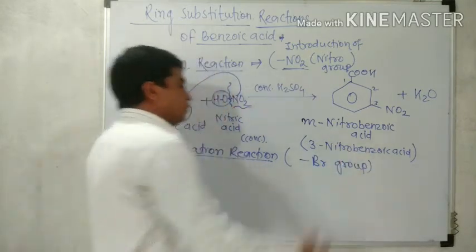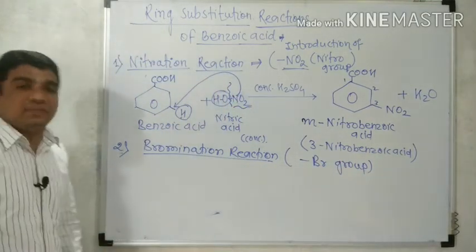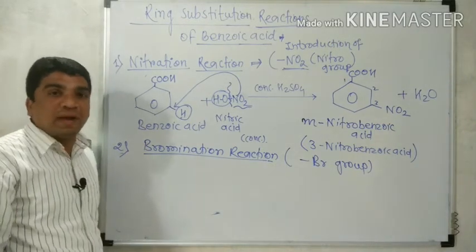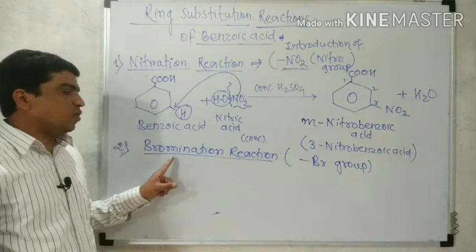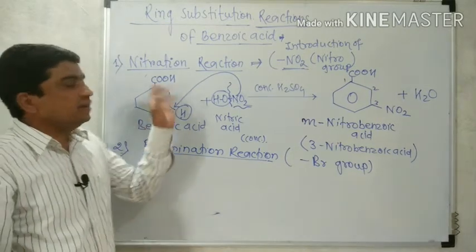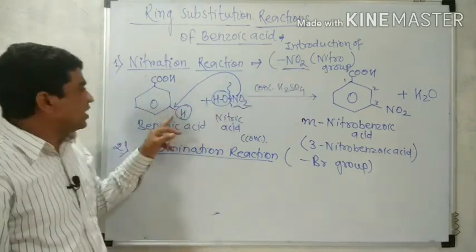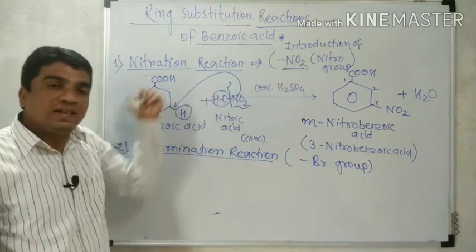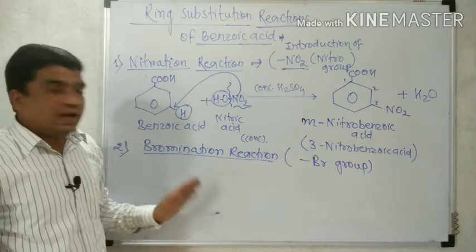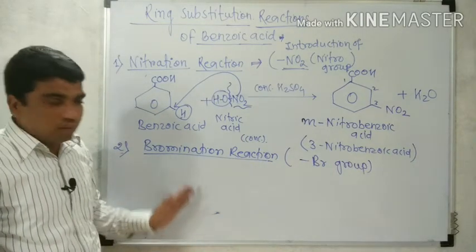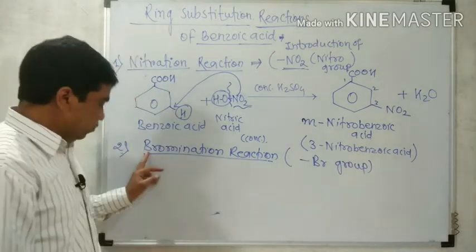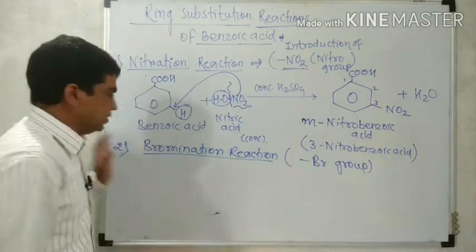Br means bromine. The reaction in which the hydrogen atom of benzene is replaced by bromine is called bromination. Similarly, the reaction in which the hydrogen atom of benzene is replaced by a nitro group is nitration. Here the hydrogen atom of the benzene ring of benzoic acid is replaced by bromine. Therefore it is called a bromination reaction.